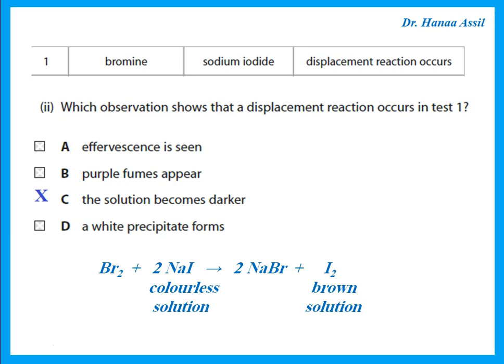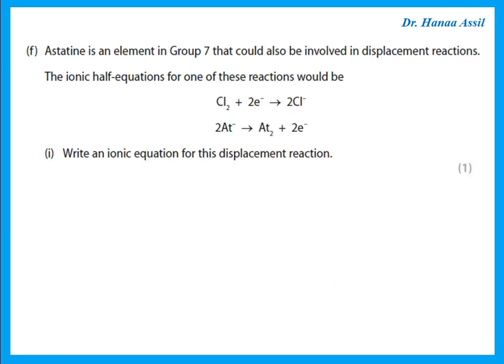And when we have iodine in solution, that means the solution becomes darker. Remember, sodium iodide solution does not have any color. It's not a transition metal, so it's a colorless solution. But when it forms iodine, iodine in solution forms a brown solution, so the solution becomes dark.